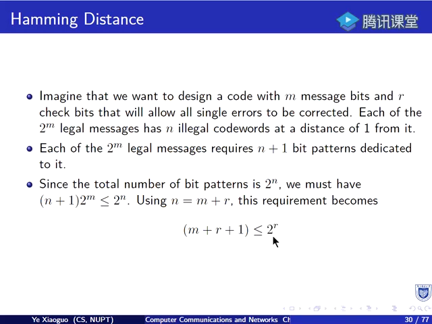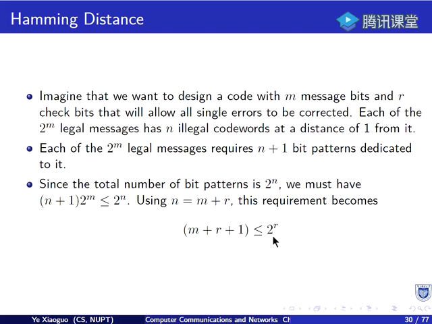Imagine that we want to design a code with m message bits and r check bits that will allow all single errors to be corrected. Each of the 2 to the m legal messages has n illegal code words at a distance of 1 from it. Then each of the legal messages requires n plus 1 bit patterns dedicated to it.